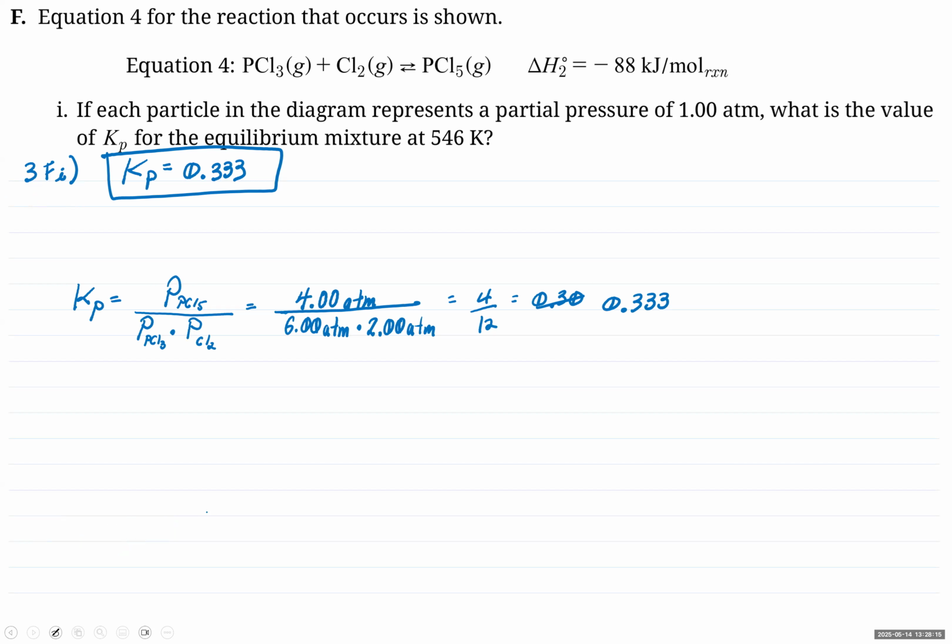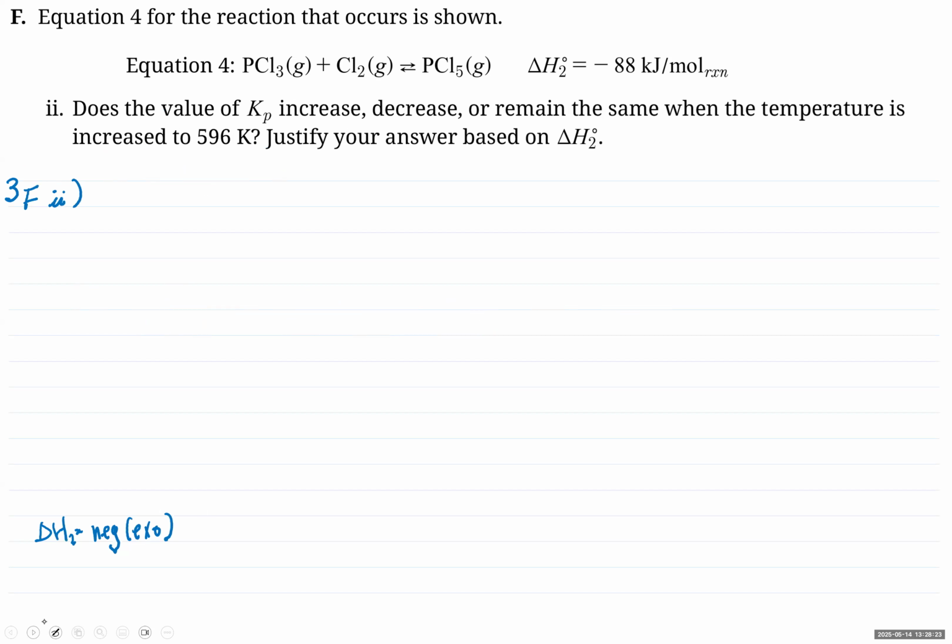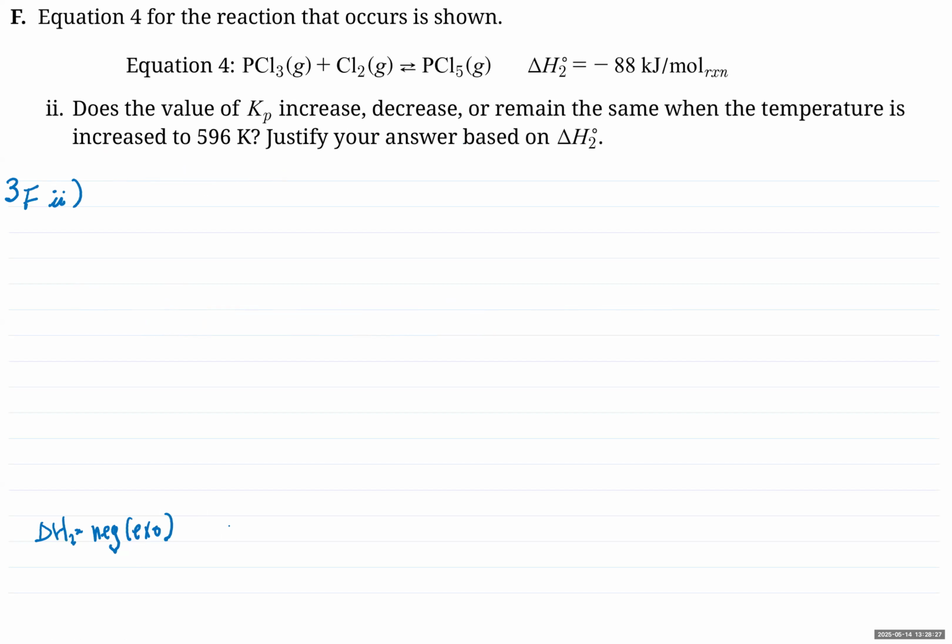What else? Go back and gather some data here. We know that Kp was the equilibrium mixture at 546, right? So what is our Kp? All right, so we got this. And then we also know that Kp was equal to 0.333 at 546 kelvins, right?